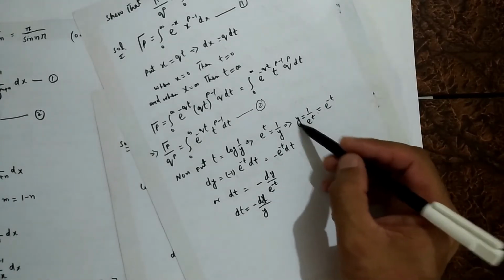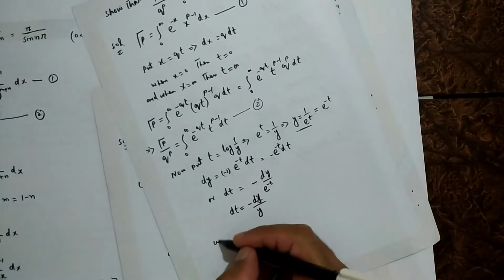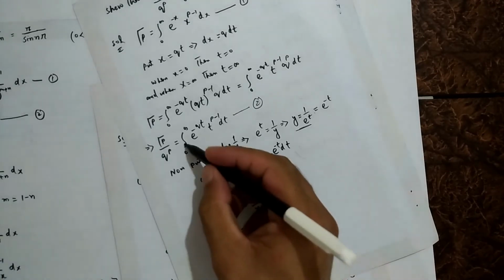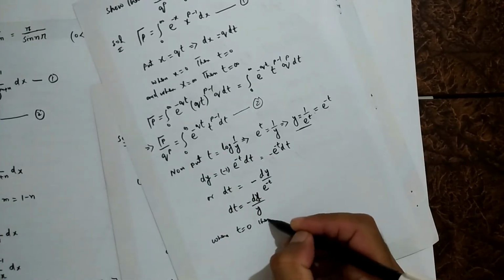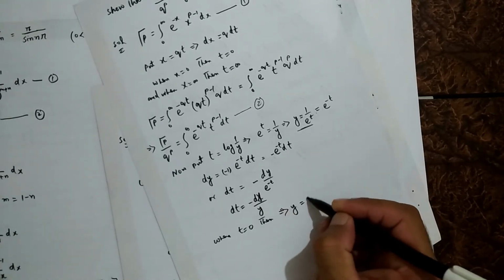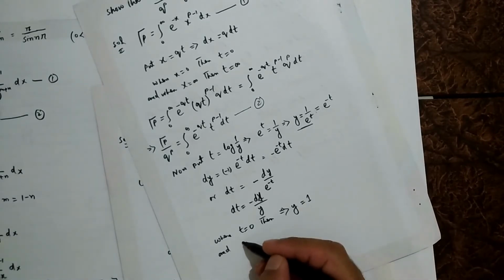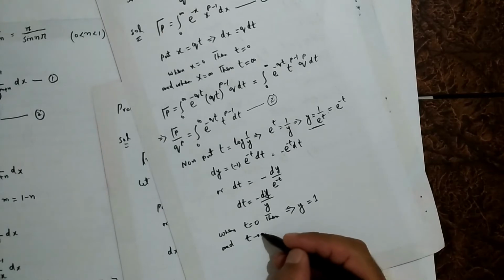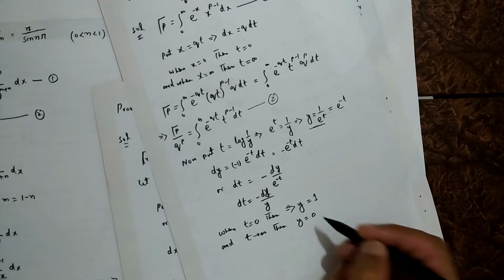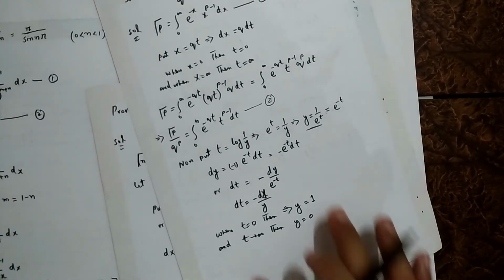In this expression, when t is equal to 0, then y will be equal to 1, and when t tends to infinity, then y will be equal to 0. So our limits are changed from 1 to 0.